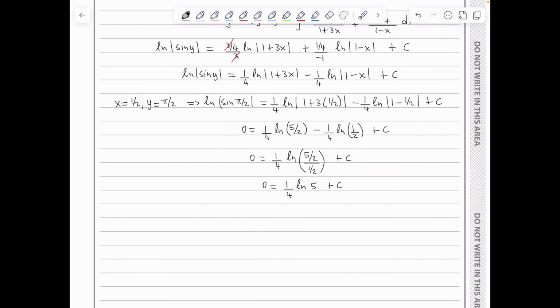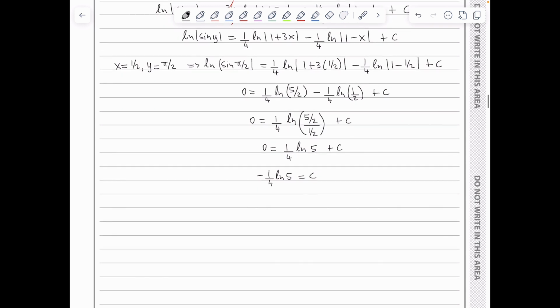So we conclude that minus 1/4 ln 5 is the value of c. So we now have ln of the absolute value of sine of y being equal to 1/4 ln of (1 plus 3x) minus 1/4 ln of (1 minus x) minus 1/4 ln of 5.